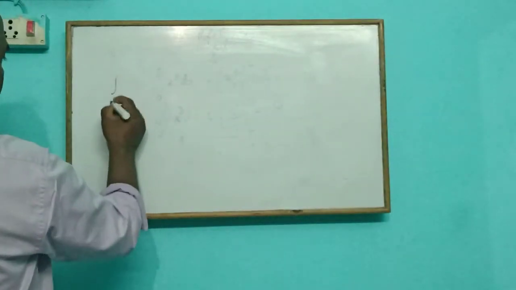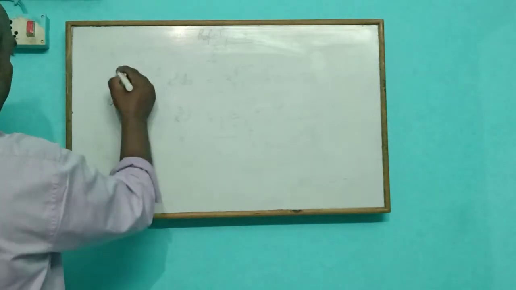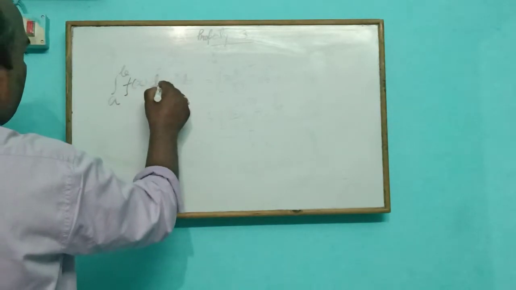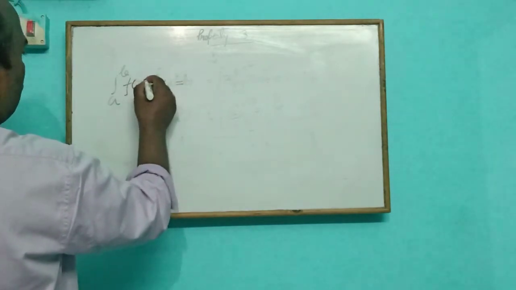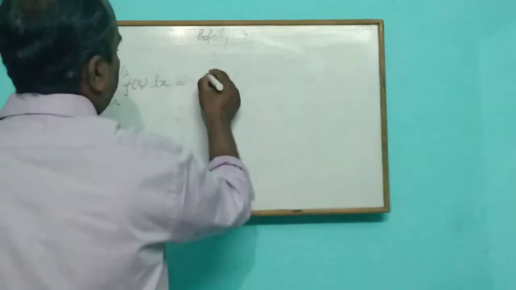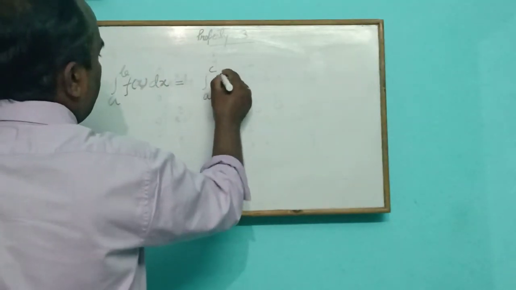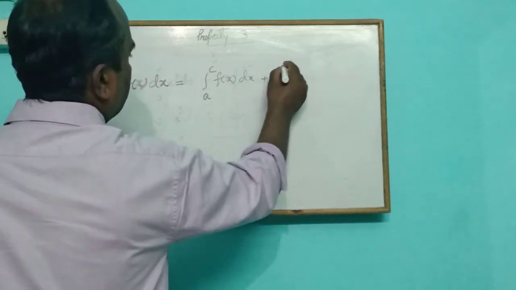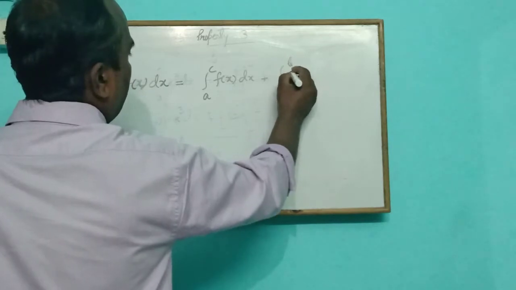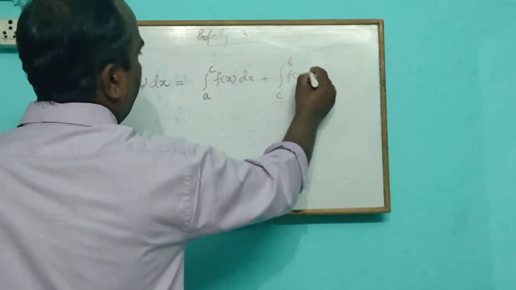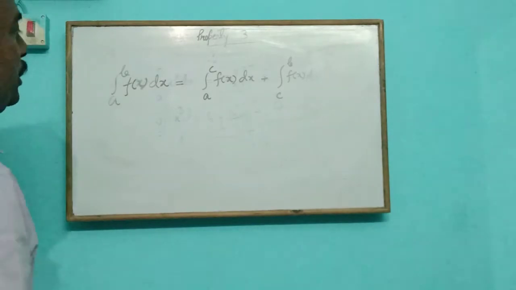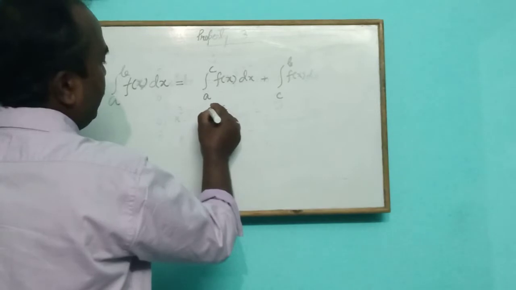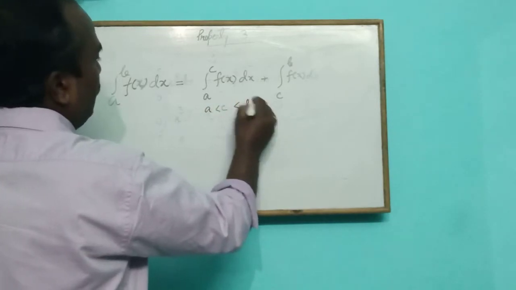The integration of a to b f of x dx is equal to the integration from a to c f of x dx plus the integration from c to b f of x dx, where c is an intermediate point between a and b.